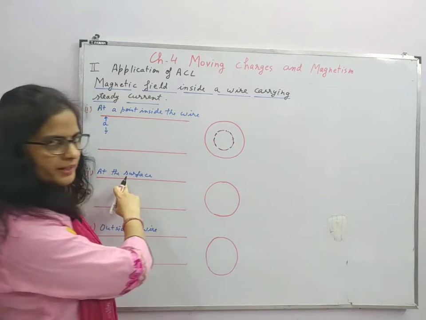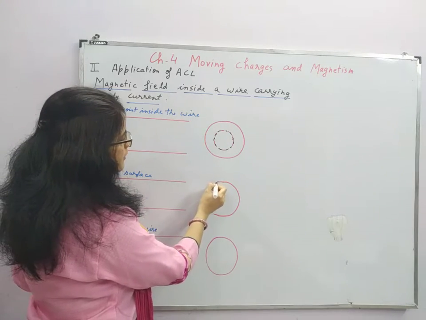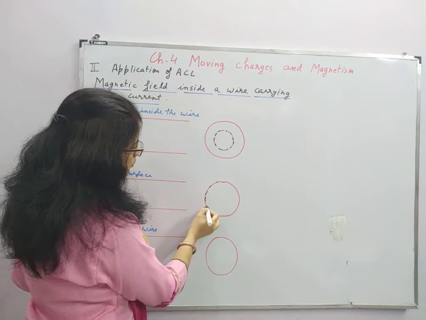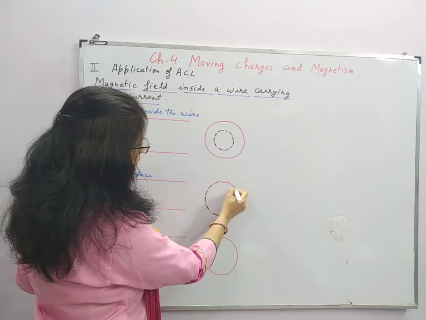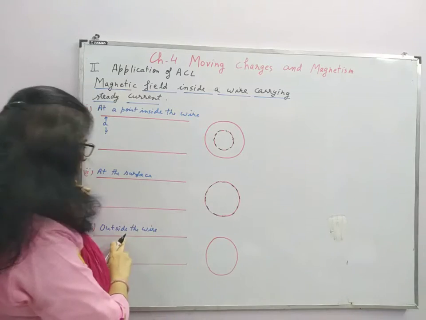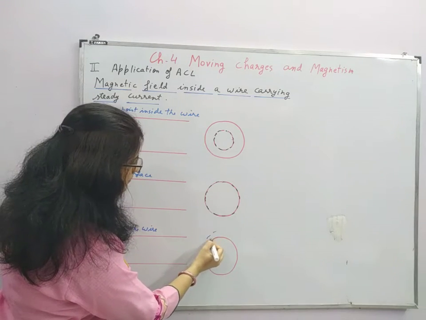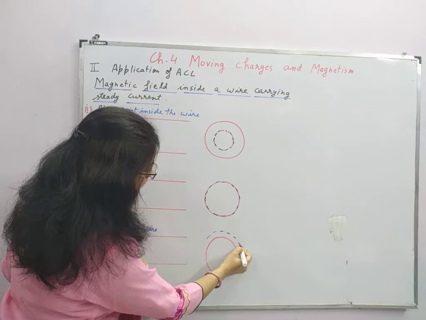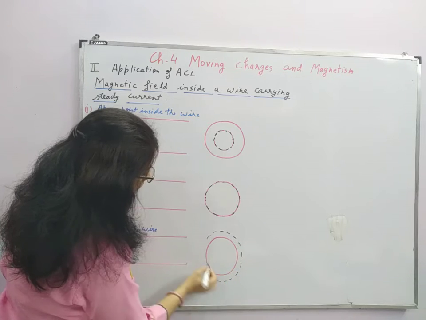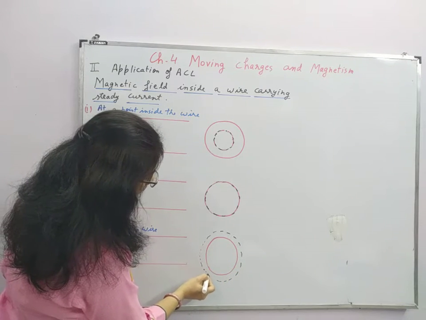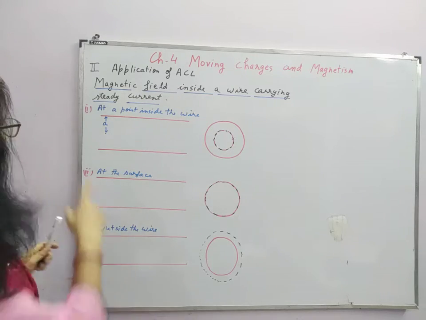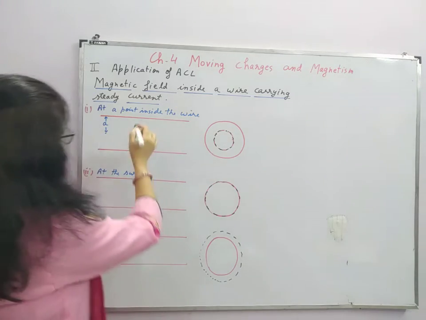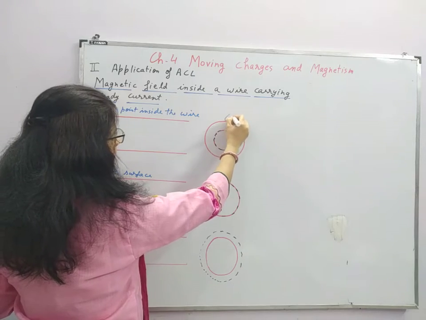Here I have to find the magnetic field at the surface, so I'll draw the Amperian loop at the surface of the wire. So this is the cross section, and if I want to find it outside, I'll consider the Amperian loop outside the wire, right? So radius a I have shown.